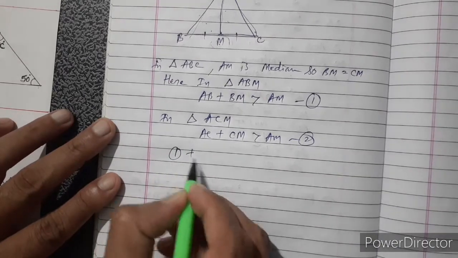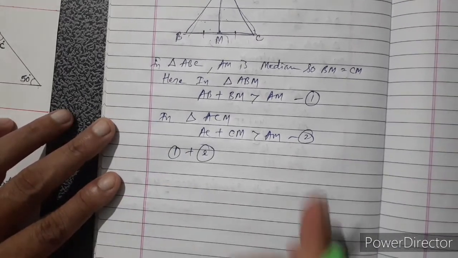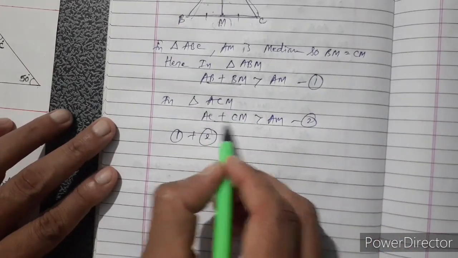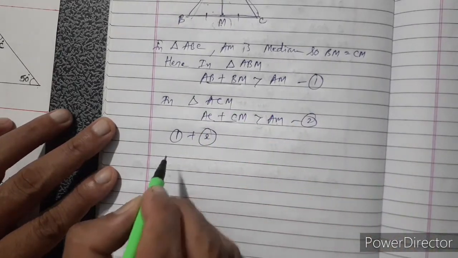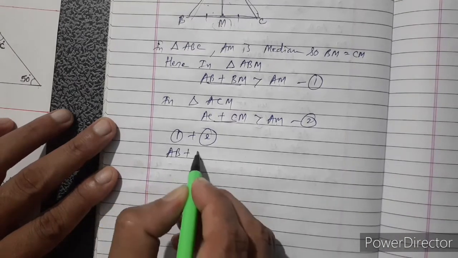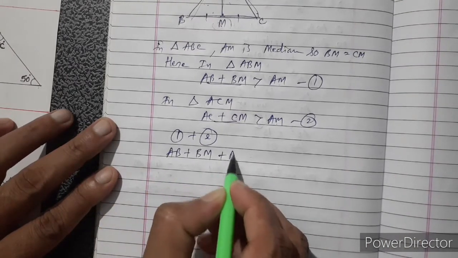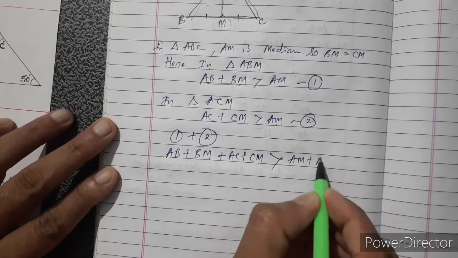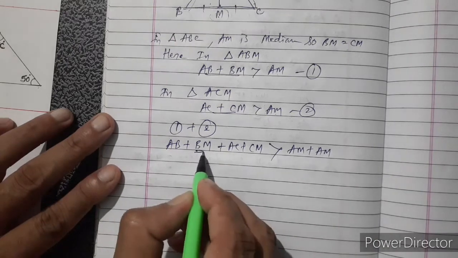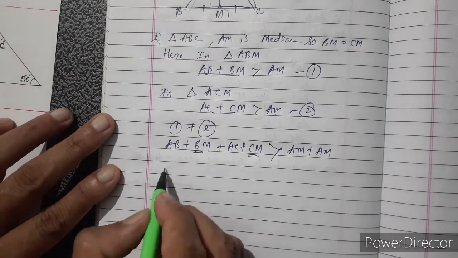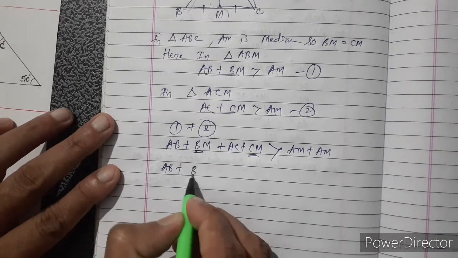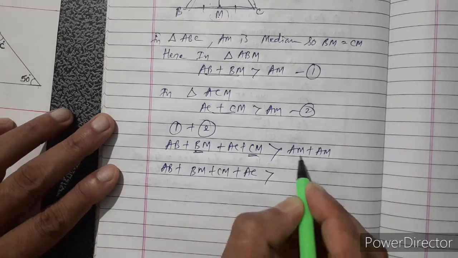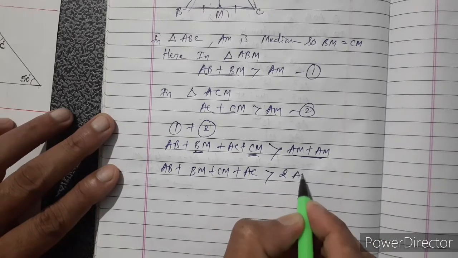Now 1 plus 2, you just add these two results, means add left side with left side and right side with right side. So AB plus BM plus AC plus CM is greater than AM plus AM. Now we write BM and CM together. So AB plus BM plus CM plus AC is greater than AM plus AM, that is 2 times AM.